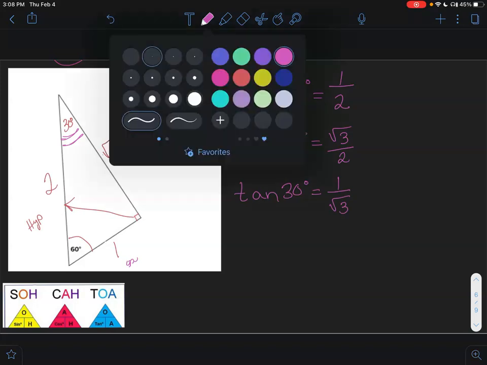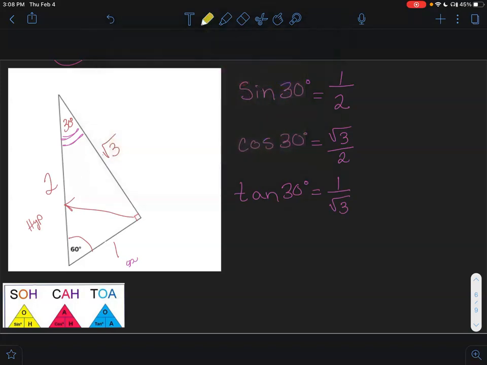All right, so now let's repeat that process, but for the 60. So the sine of 60 is going to be, this time again, we're looking from here. The opposite is square root 3 over our hypotenuse of 2.